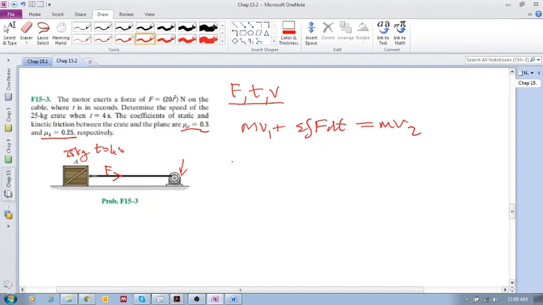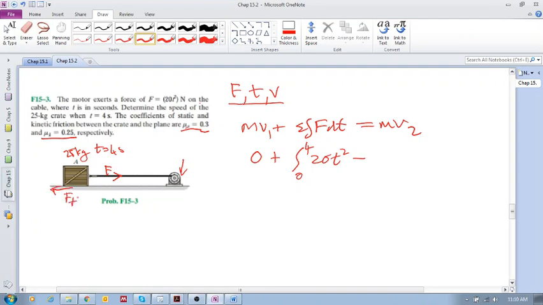So I think perhaps many of us would just say, okay, it's initially at rest, so v1 is 0. Then we'd say it's going to be between 0 and 4 seconds, and we're going to have this force here and also an opposing friction force.